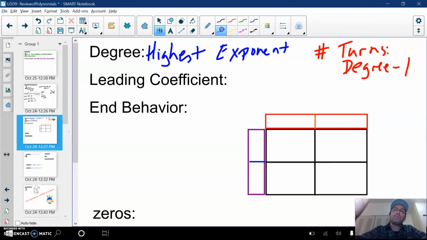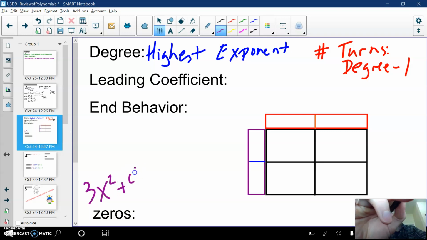Leading coefficient. We know that a coefficient, like if I have the polynomial 3x squared plus 4x, the coefficient of x squared would be 3. The coefficient of x would be 4.